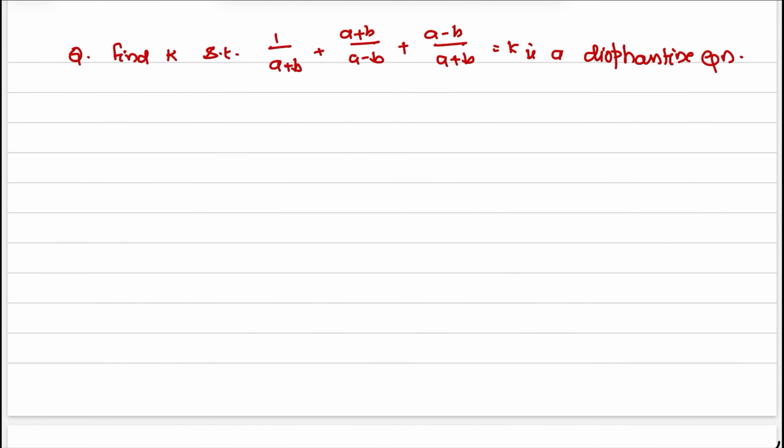Let us try to solve it. Solution. The sentence Diophantine equation itself gives a lot of meanings. Here what is given is 1 by a plus b plus a plus b by a minus b plus a minus b by a plus b is equal to k.